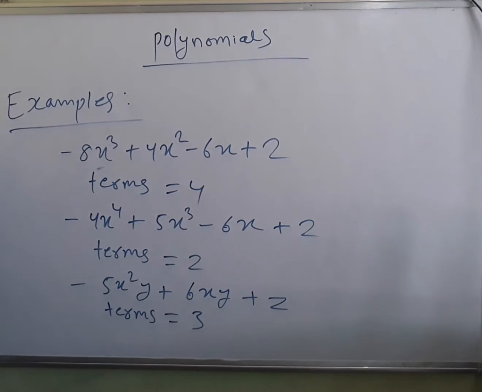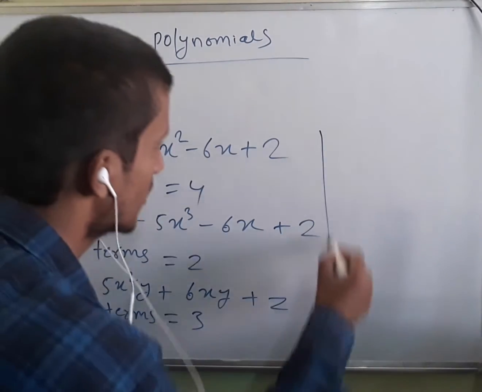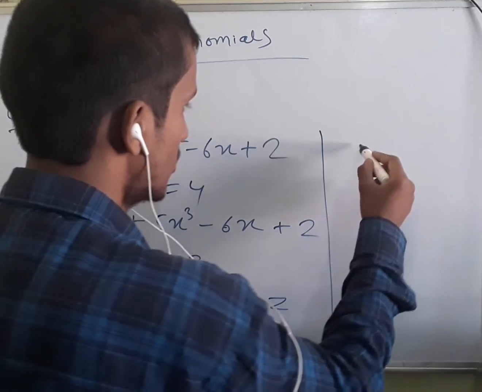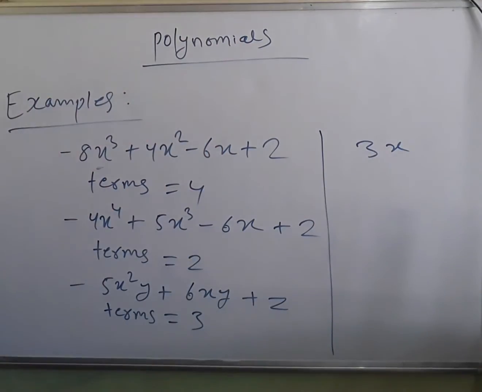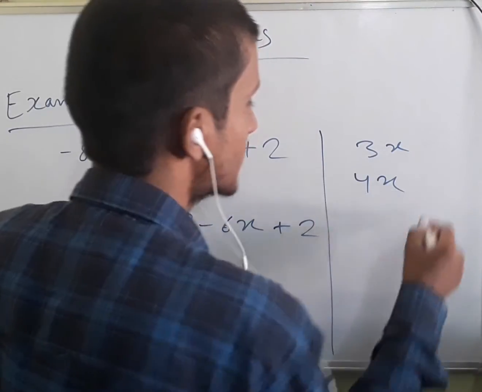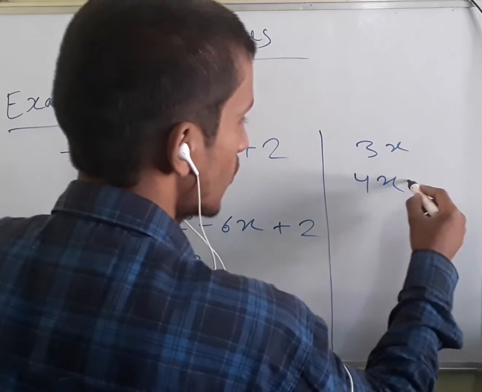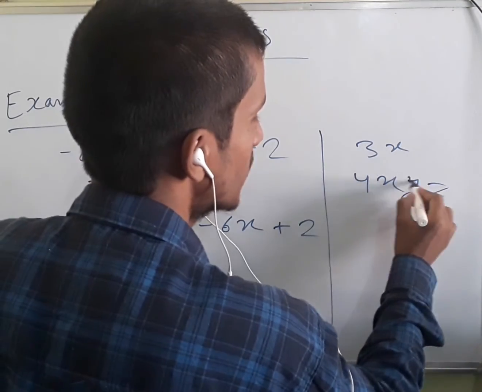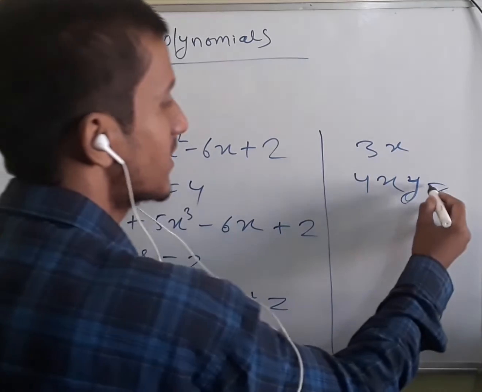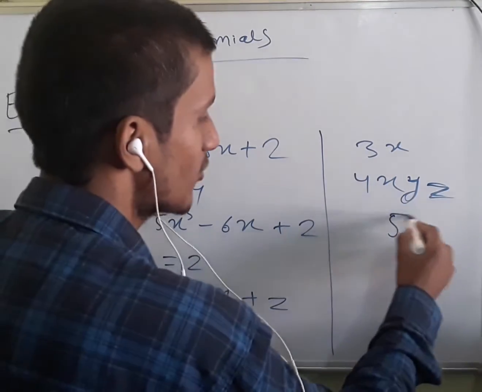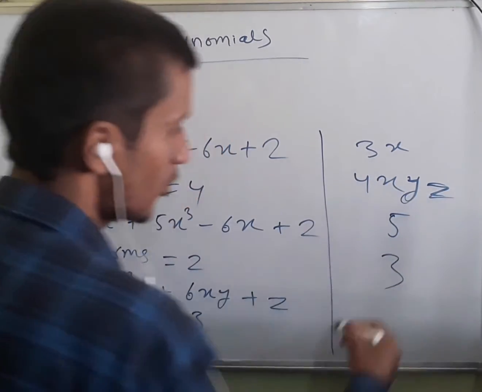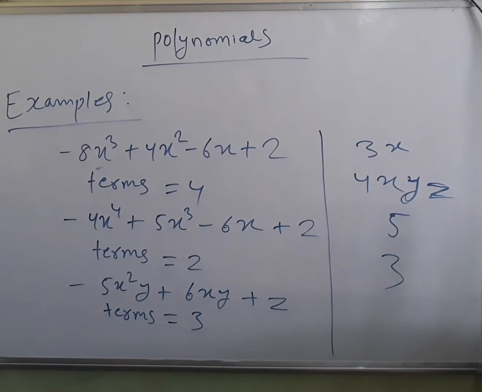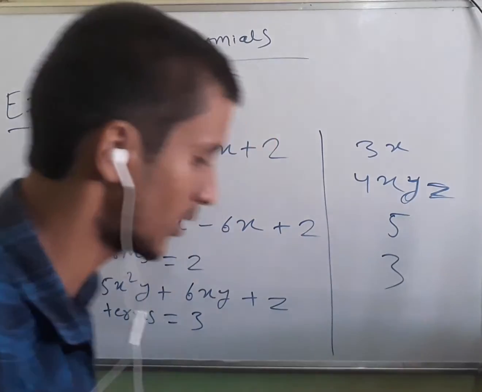Even 3x is a polynomial, 4x is a polynomial, xyz is a polynomial, with multiple variables. A number like 5 is a polynomial, and 3 is a polynomial. So these are examples of polynomials, and by now it should be clear what polynomials are.